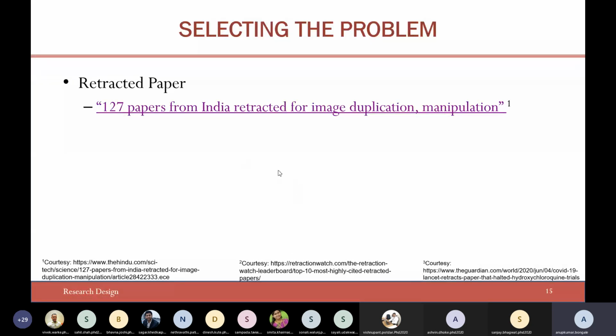Can you see this? Are you still seeing the slide, or are you seeing the web page? You are seeing this article, right? 127 papers from India retracted for image duplication and manipulation.